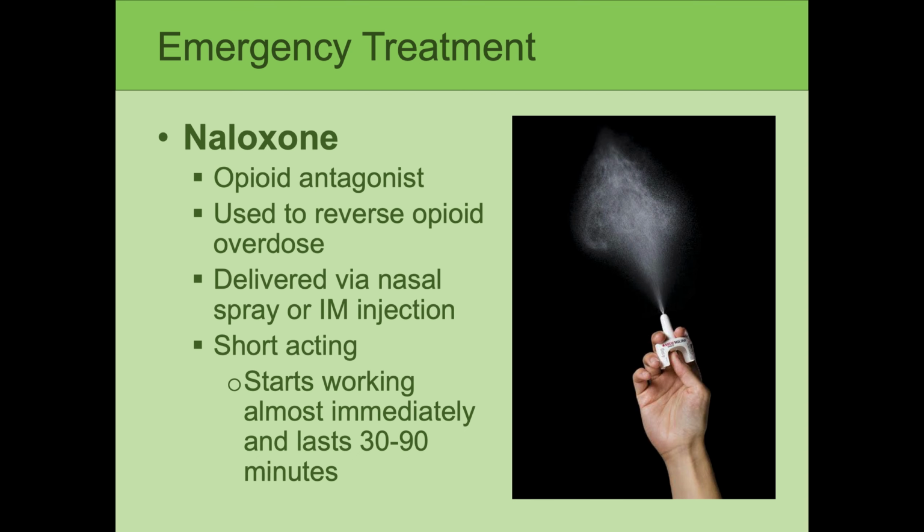Now, this is a pretty short-term medication, so it only lasts for about 30 to 90 minutes, and it usually starts working within a few seconds. So if you have a patient that is suspected of an opioid overdose, this is a very safe medication to give them. There's almost no negative side effects of this medication, in part because it gets out of your system so quickly.